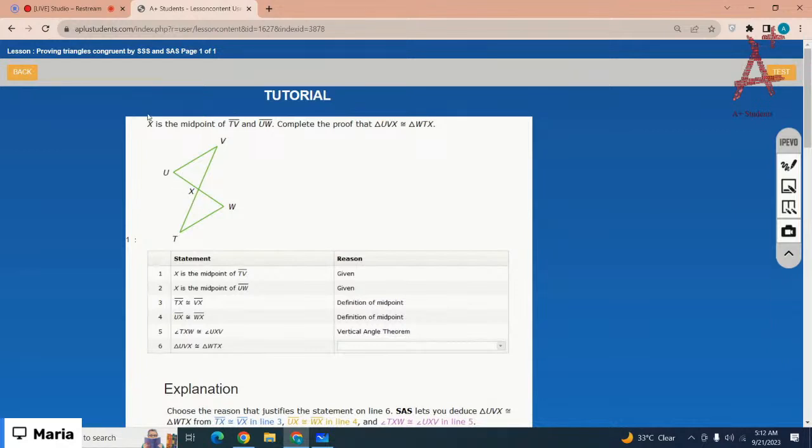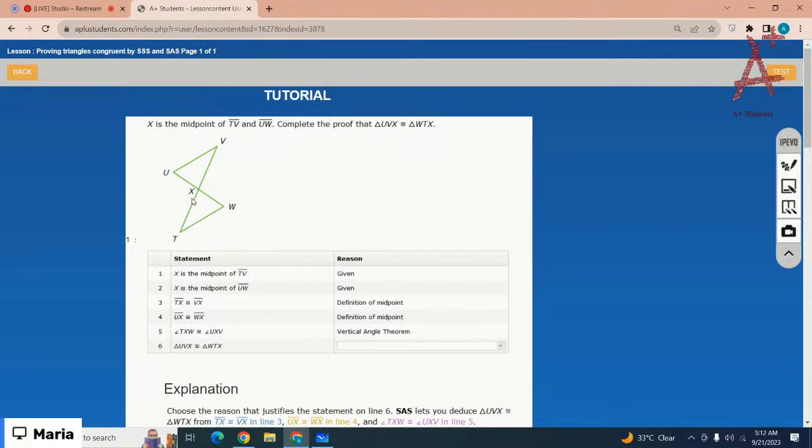Okay, so you can see X is the midpoint of TV. Here is TV, X is the midpoint and UW. Complete the proof of triangle UVX. Okay, UVX is congruent to WTX, right?